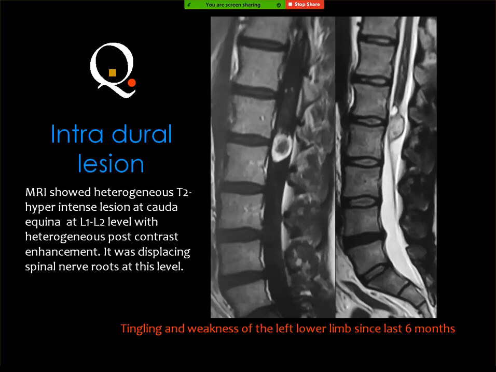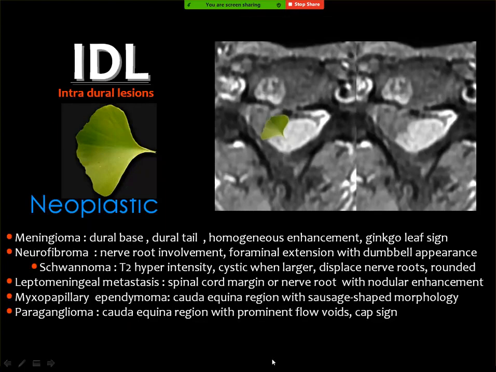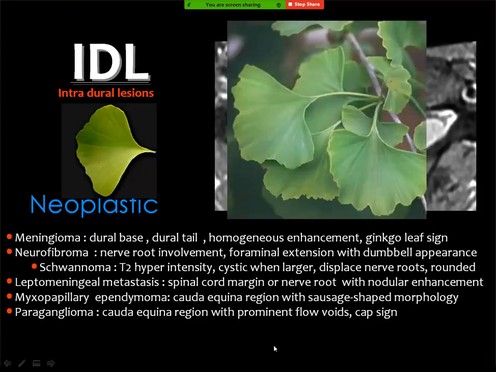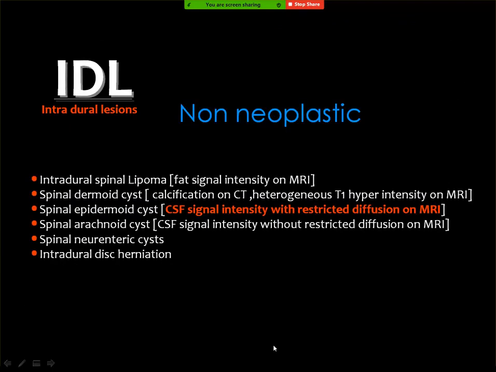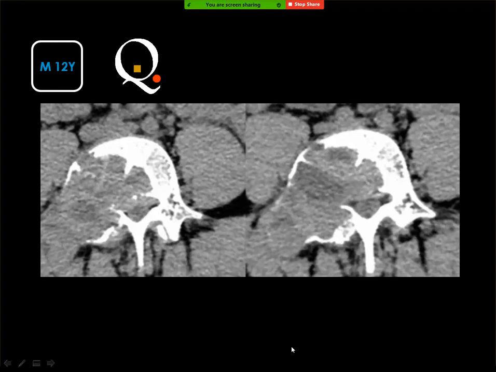If you have the diffusion weighted image and you see diffusion restriction, then the diagnosis will be epidermoid cyst. I hope you remember this fact, which is very important nowadays because of the frequency of the epidermoid cyst inside the dura. Then what do you think of this?